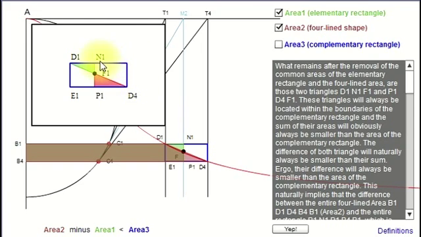And because the area of the complementary rectangle is arbitrarily small, the difference between those two triangles, which really represent the difference also between the entire quadrilinear shape in red and the entire elementary rectangle in green, must also become arbitrarily small, or if you will, even smaller than arbitrarily small.